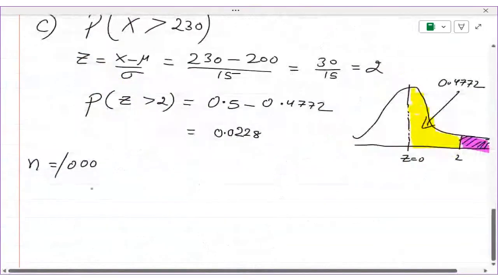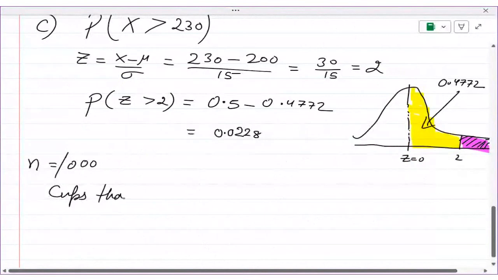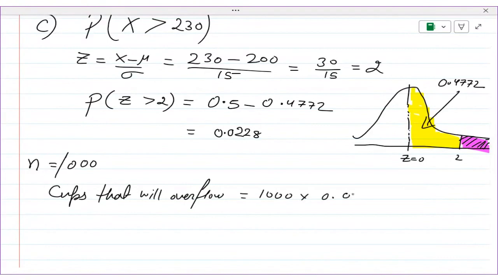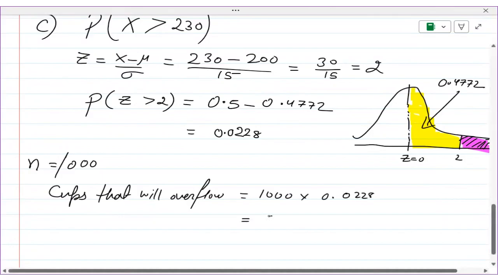So the number of cups that will overflow is 1000 multiplied by 0.0228, which comes out to be 22.8.